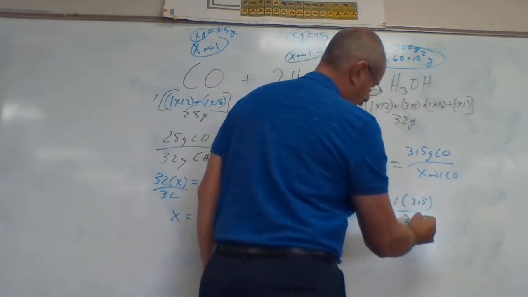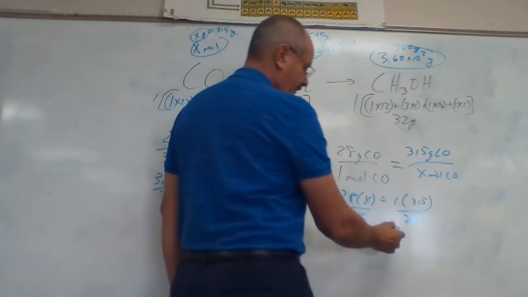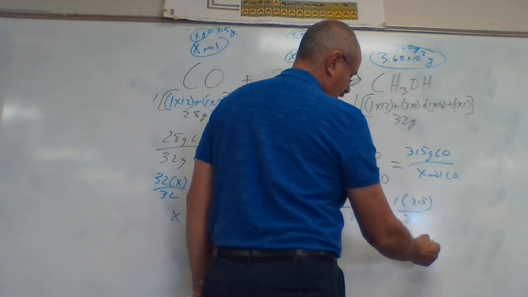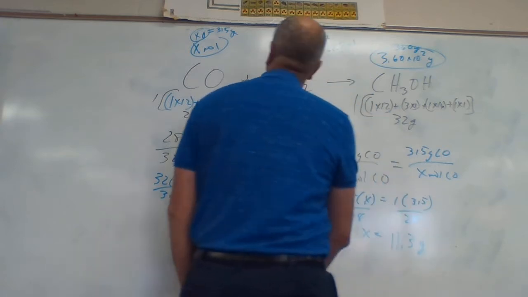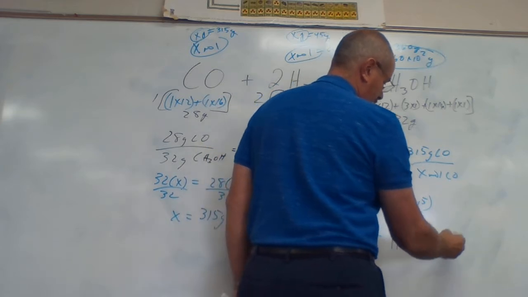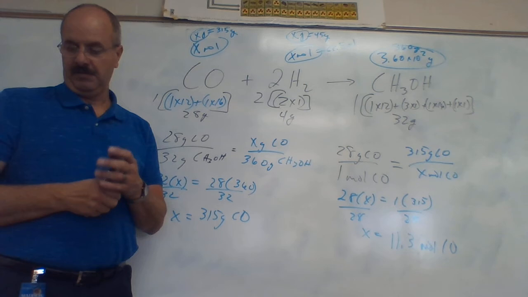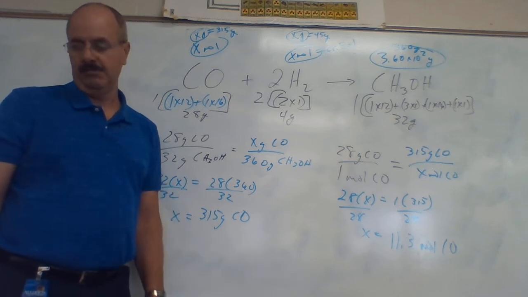Divide by 28, divide by 28. And X ends up equaling 11.3. That's, whoops, not grams. That's moles of CO. All right, or 11.25 if you went all out even further.